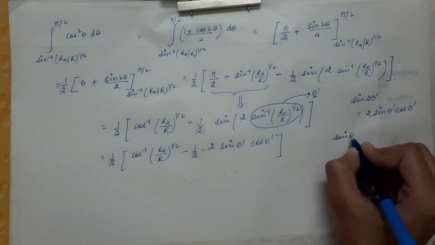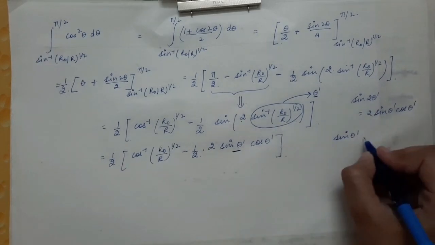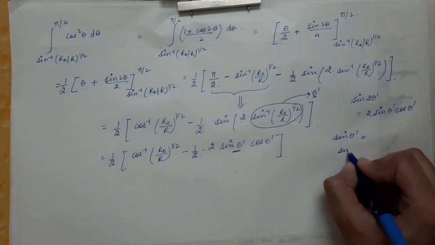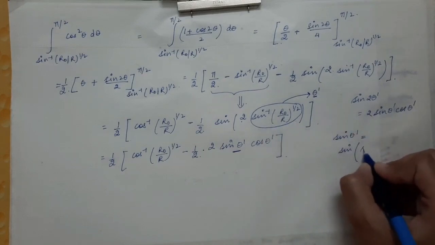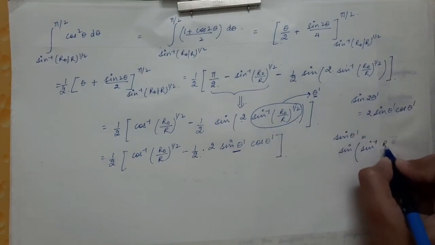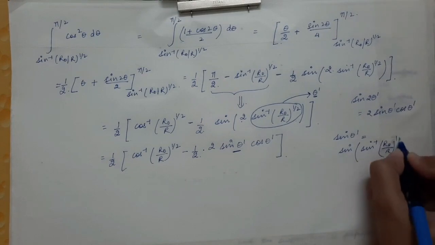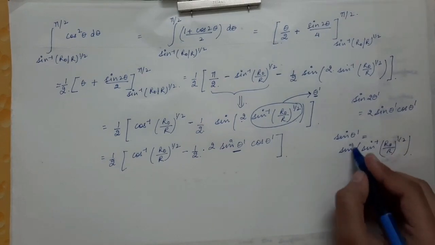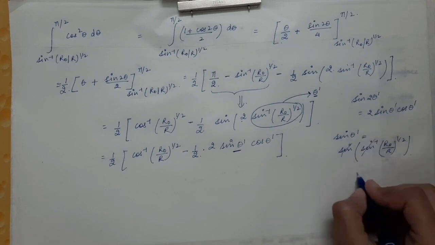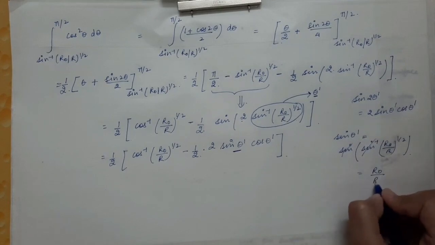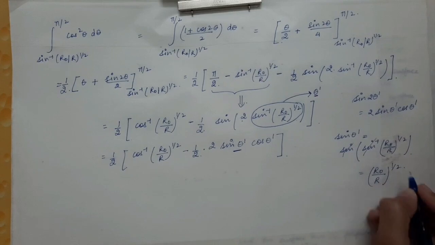So sine theta prime will be equal to sine of sine inverse of r naught divided by r power 1 by 2. So this sine and sine inverse will cancel with each other, and sine of theta prime will be equal to r naught divided by r power 1 by 2.